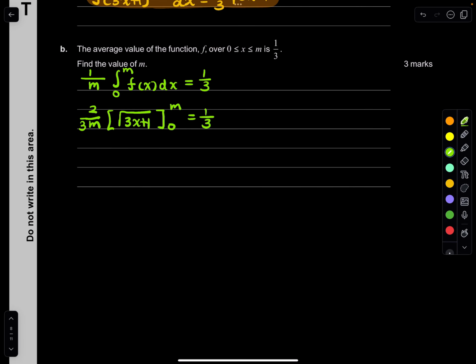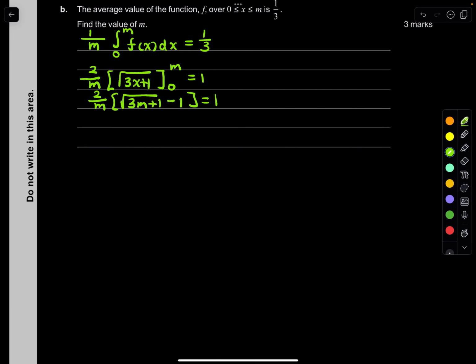Now, because this has a third at the bottom, we can actually cancel those out. So basically, this is just equal to 1. Now let's sub in the m values. So it becomes square root of 3m plus 1 minus the square root of, if you sub in 0, it's just going to be 1. Equals 1.